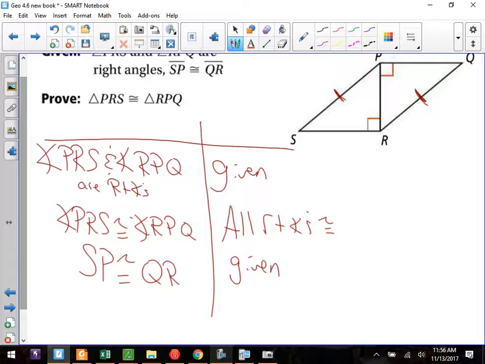When I look at this, I have the right angles, and I have the segment across from them, which happens to be the hypotenuse. So I check to see, is there any way that I can get one of the legs congruent? Yeah. PR is reflexive. It's a shared side, and then you're pretty much done.